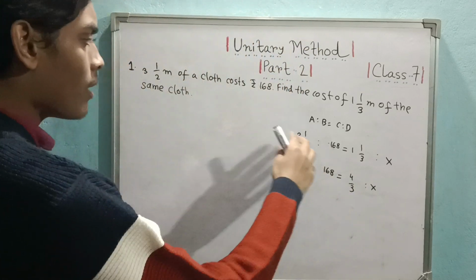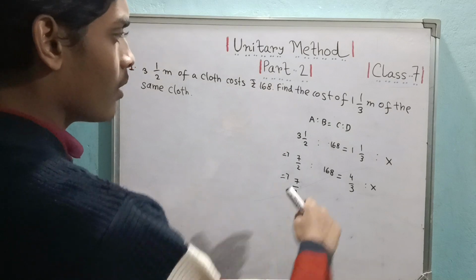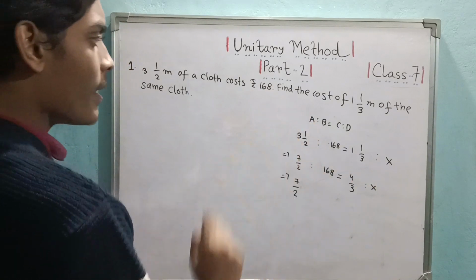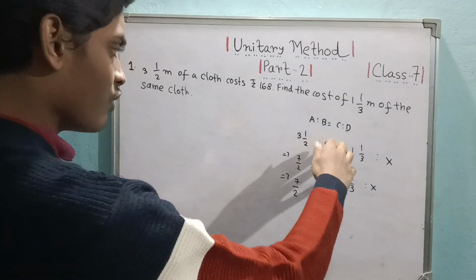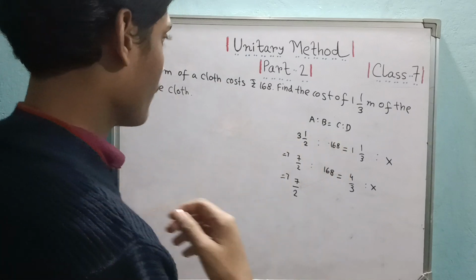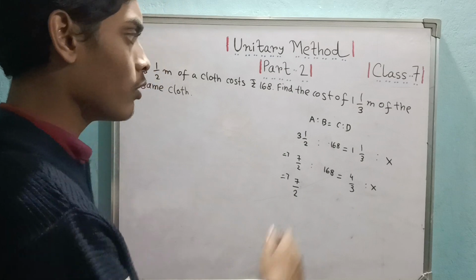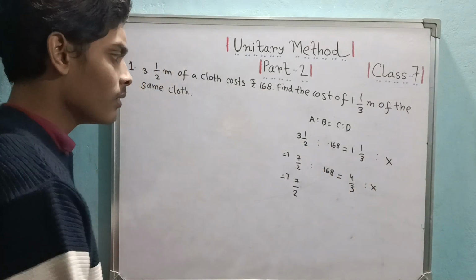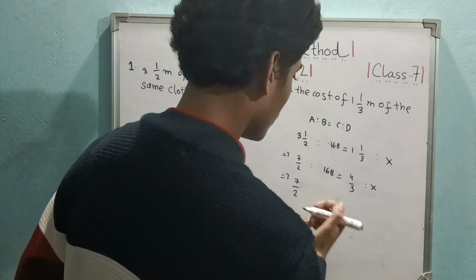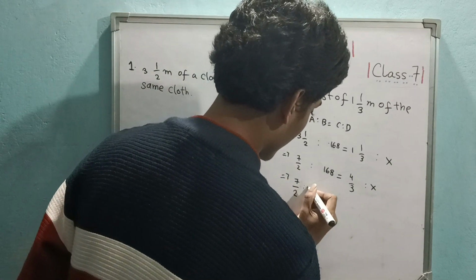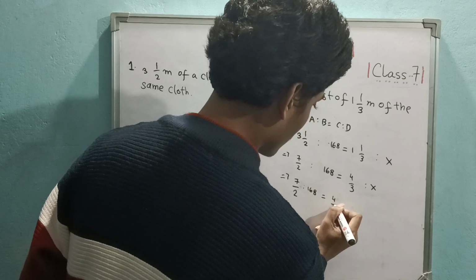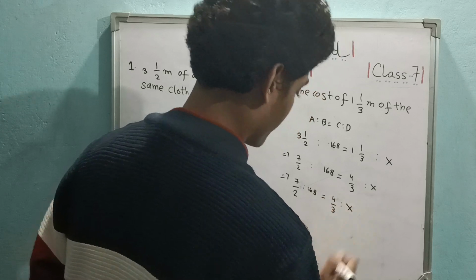Just like that, 3 1/2 costs 168, and 1/3 is similar. For 3 1/2 of the item, the magnitude is the quantity 168. Then for 1/3 of the item, what will be the quantity that I have taken as X? Then 7/2 is to 168 equal to 1/3 is to X.